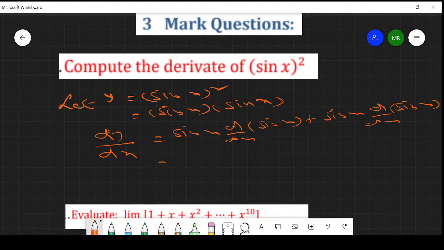This is the product rule. Both terms are the same, so I can write 2 sin x into d by dx of sin x.